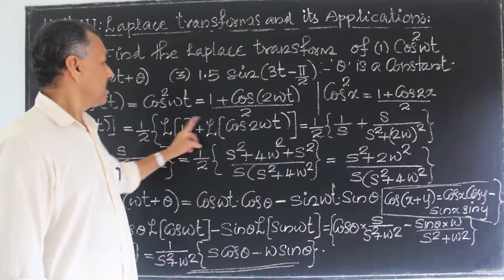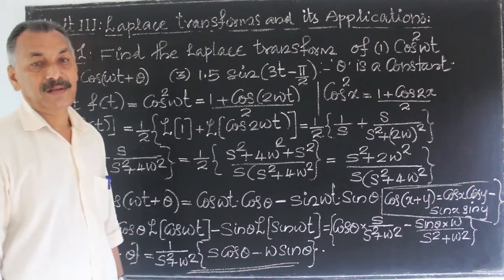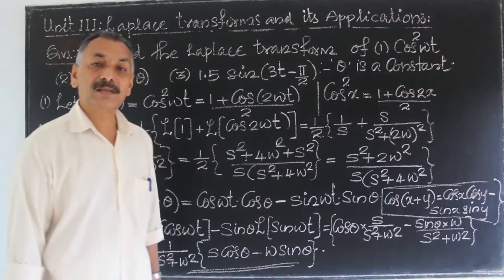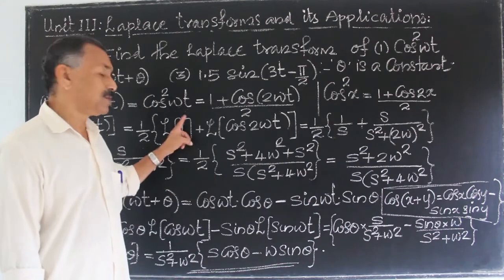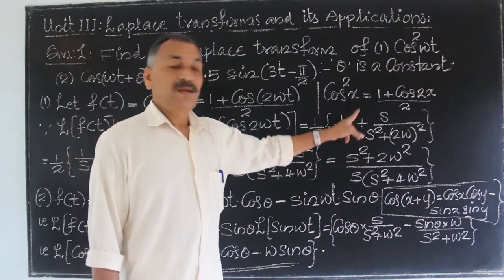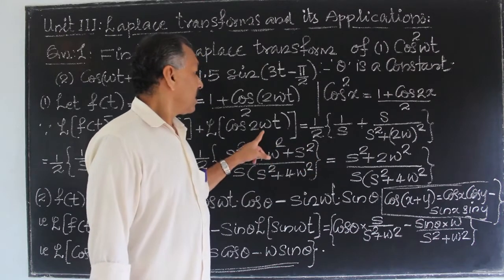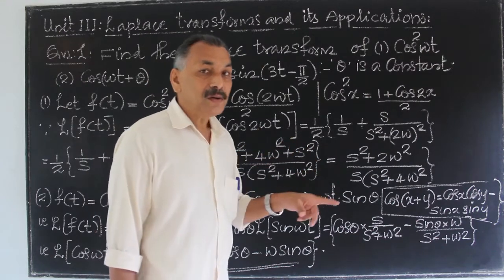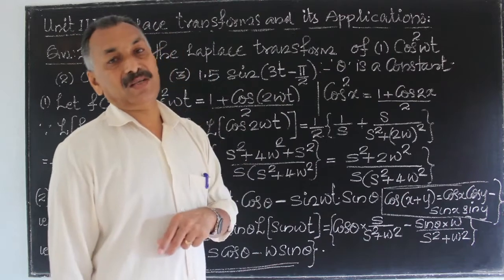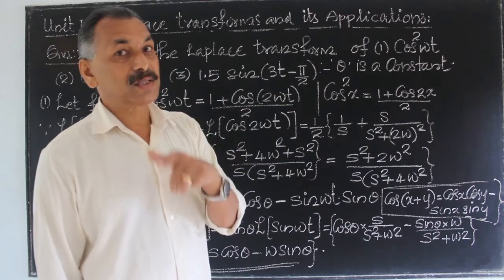That is L of 1 plus L of cos 2 omega t. What is the Laplace transform of 1? L of 1 is equal to 1 by s. What is L of cos at? L of cos at is equal to s divided by s square plus a square, so s divided by s square plus omega square.